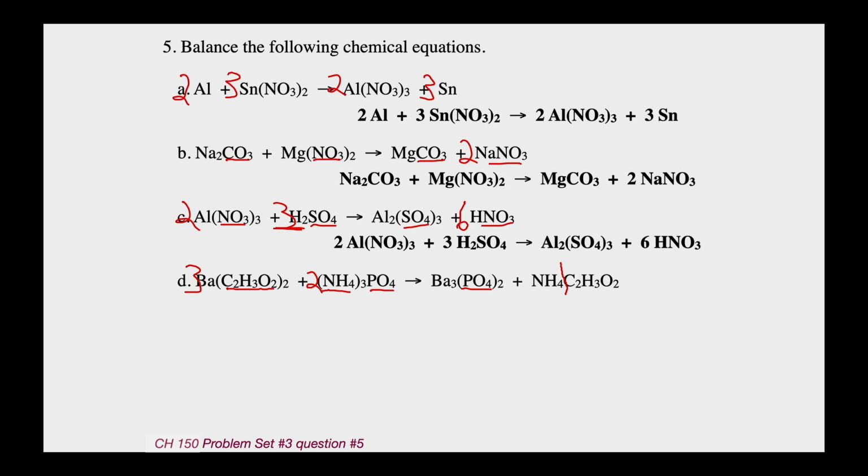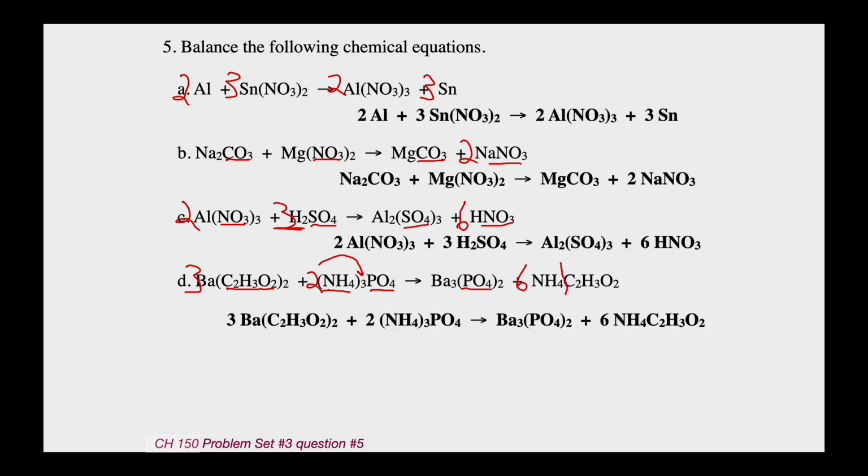Now, 3 barium acetates on the reactant need 3 times 2, 6 acetates on the right. So let's tentatively put a 6 right there. That's good because the 2 we put there times 3 would be 6. I believe that's balanced. Bam! 3 barium acetates plus 2 ammonium phosphates makes 1 barium phosphate plus 6 ammonium acetates.